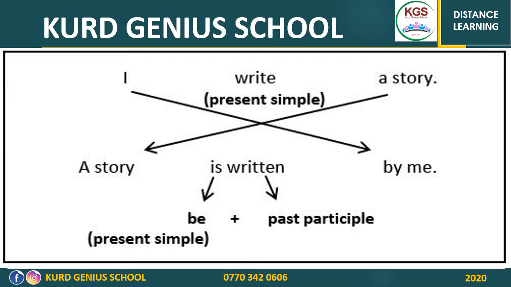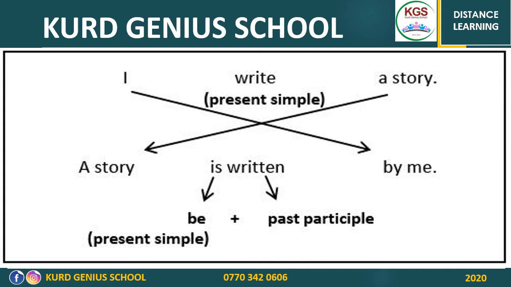So this is how we change sentences from active to passive. First, you have to identify the object. Then you have to know the tense of the active sentence. You put the object at the beginning of the passive sentence. Then if it's singular, you use a singular auxiliary verb.